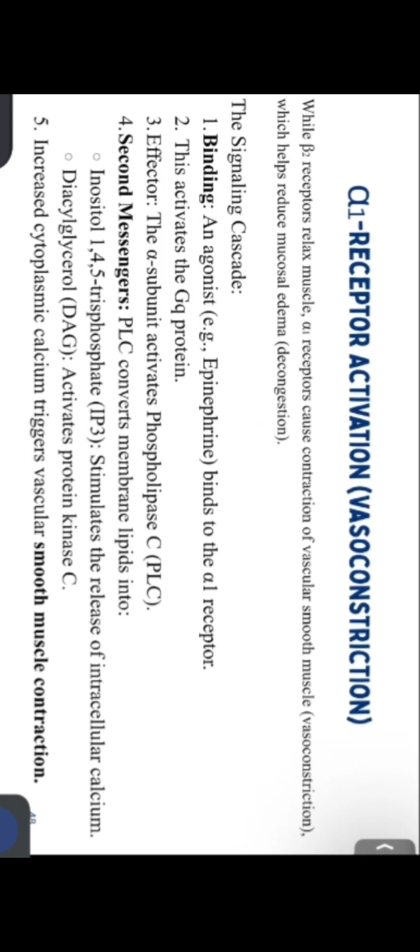Then IP3 stimulates the release of internal calcium stores into the cell's cytoplasm, which acts as a primary trigger for vascular muscle contraction. So always remember, guys, that beta 2 is for bronchodilation, alpha 2 is for inhibition of neurotransmitter release, and alpha 1 is for smooth muscle contraction.